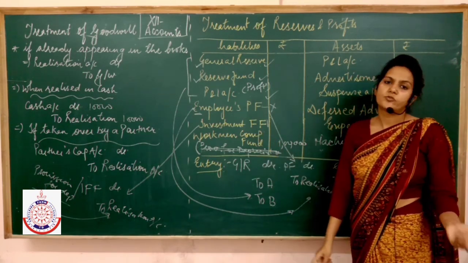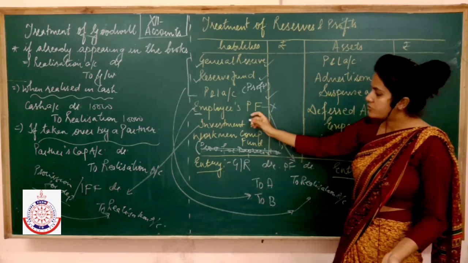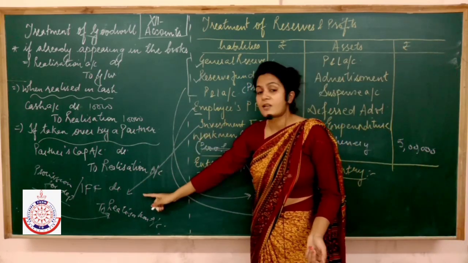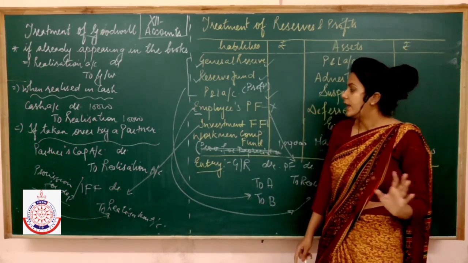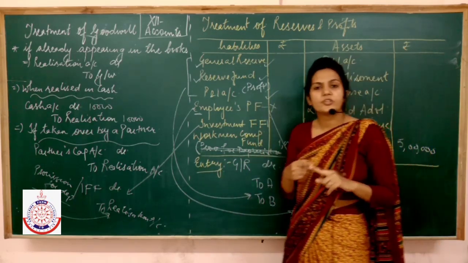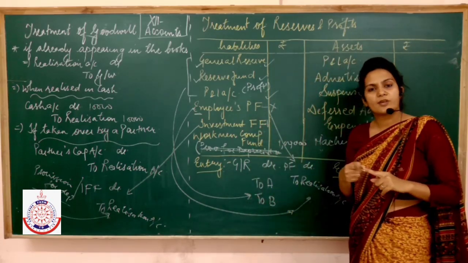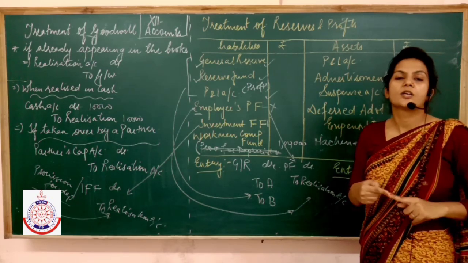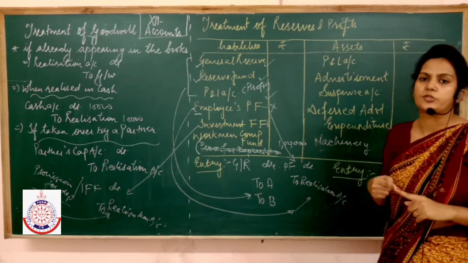It will be distributed to the employees in their ratio. Then next comes IFF. As I told you, it will only be transferred to realization account. That's all, nothing else you have to do. And apart from IFF, provision for bad debts and provision for depreciation will be transferred to realization account. We are not going to distribute them among the partners in their old ratio.